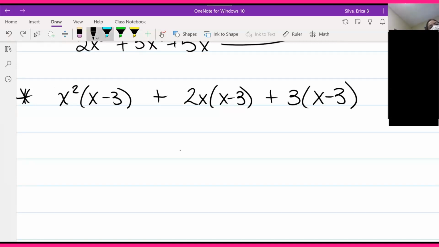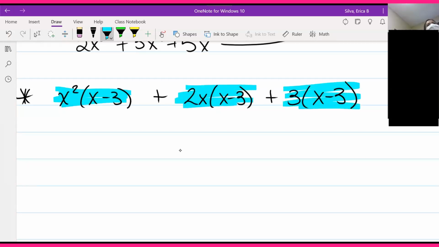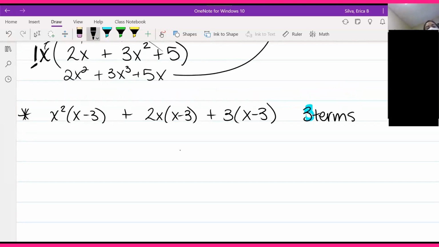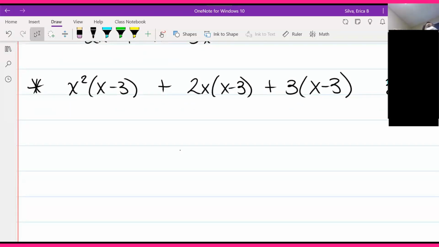This is one term, this is one term, and this is one term. Now, if we look at all those 3 terms, what is the greatest common factor of each one? What do they all have in common? They're being multiplied. That's why we can say that's only 3 terms.